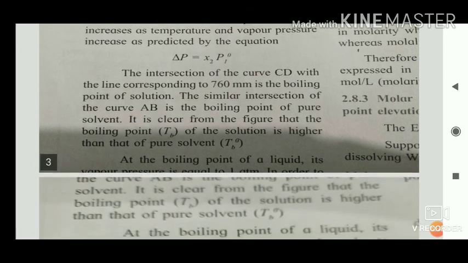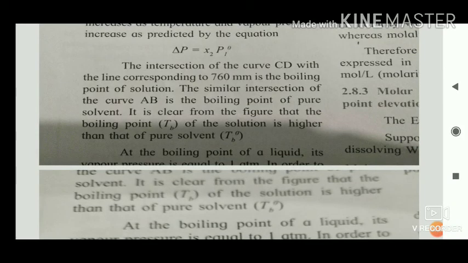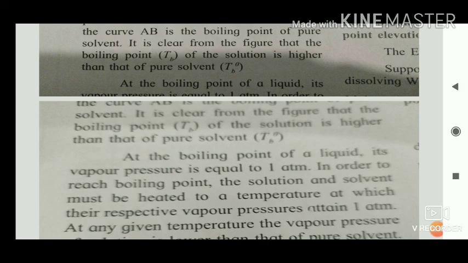At the boiling point of a liquid, its vapor pressure is equal to 1 atmosphere. In order to reach the boiling point, the solution and solvent must be heated to a temperature at which the respective vapor pressures attain 1 atmospheric pressure.